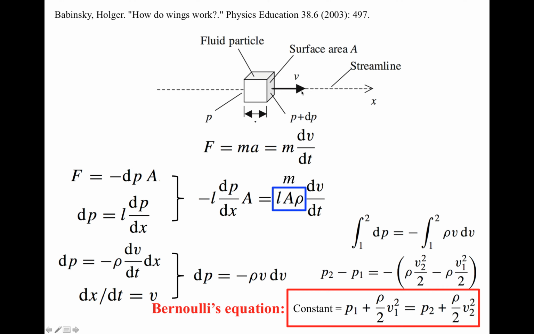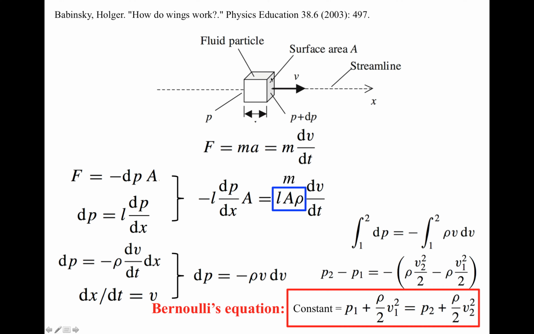The purpose of our analysis is to find out some kind of relation between the pressure p and the velocity v. So if there is this kind of pressure difference on the back and on the front of the particle, then this pressure difference is going to generate a net force acting upon this particle.